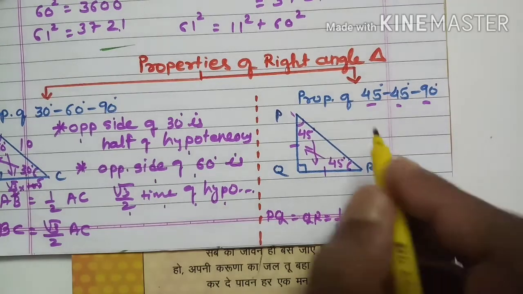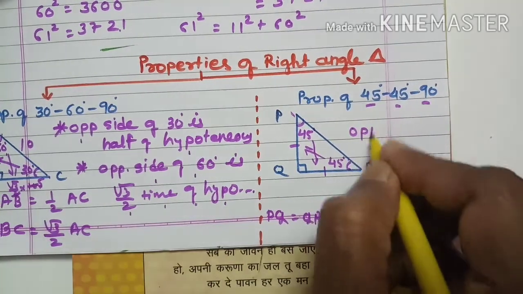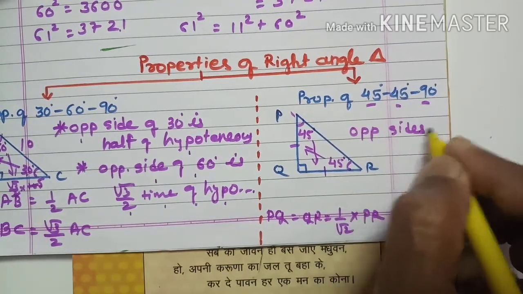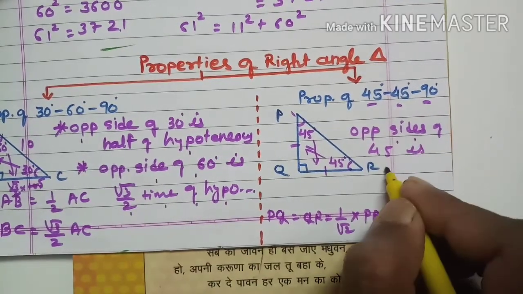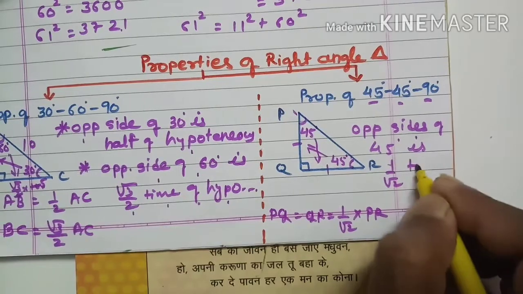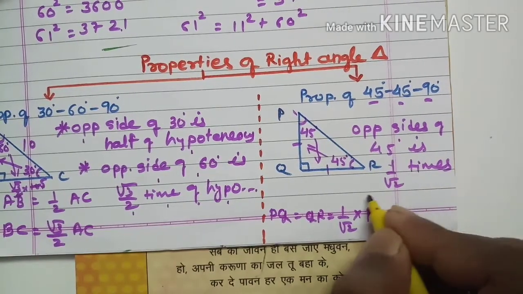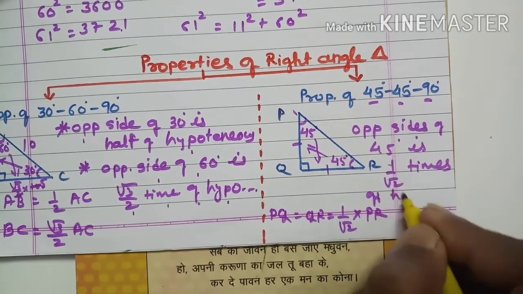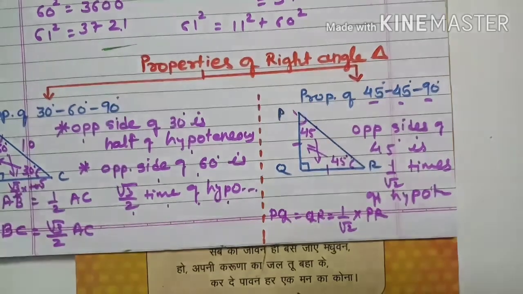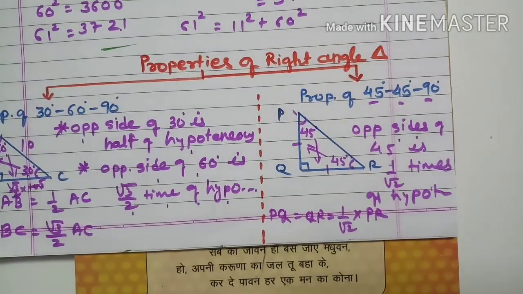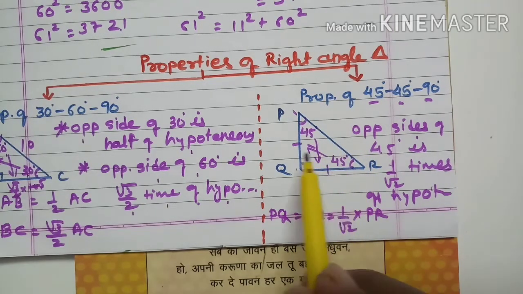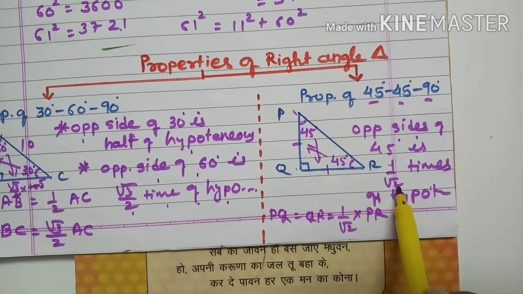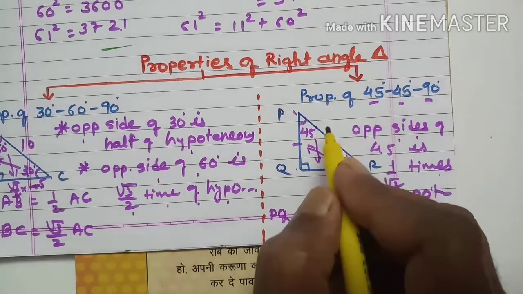So what is the property? The opposite side of a 45 angle is 1 upon root 2 times the hypotenuse. So this is called the property of 45, 45, 90. In a 45, 45, 90 triangle, the opposite side of a 45 is 1 upon root 2 times the hypotenuse. Let's take an example.